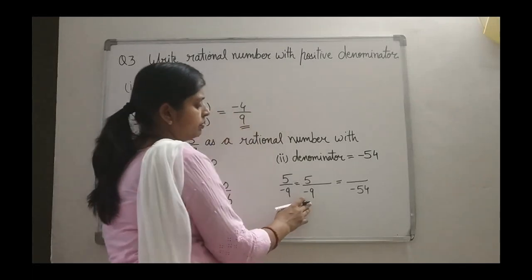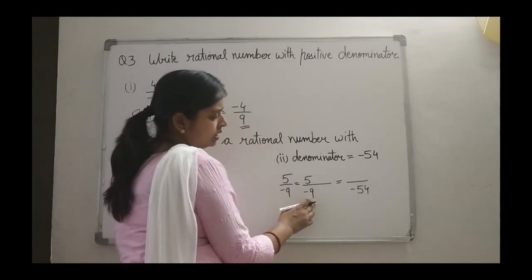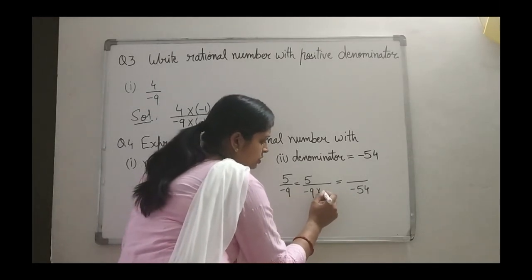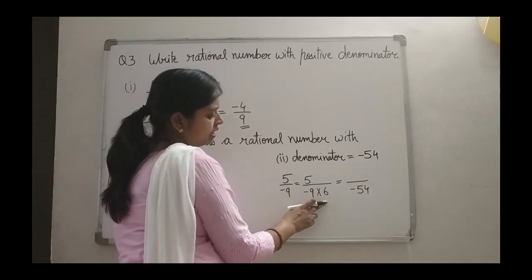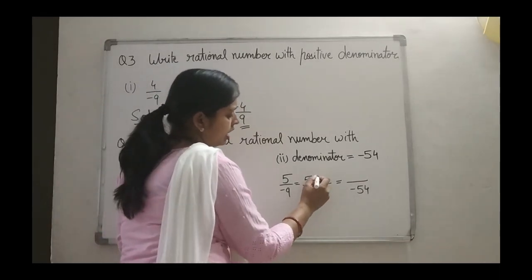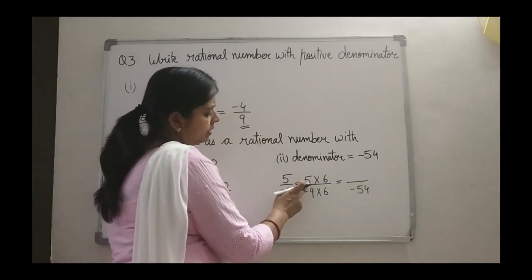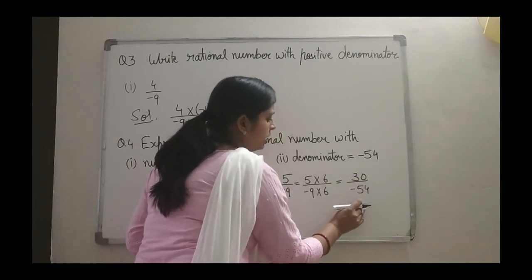And you know, 9 sixes are 54. So we need to multiply by 6, because there is a negative sign and this is already negative. So I need to multiply only 6 in the denominator. If I have multiplied by 6 in the denominator, I have to multiply by 6 in the numerator also. So your answer will be: 5 sixes are how much? 30. So 30 upon minus 54.